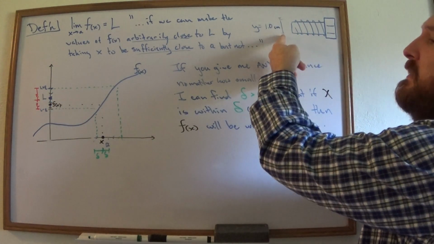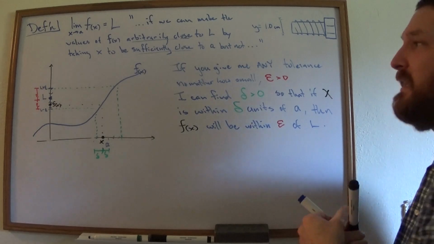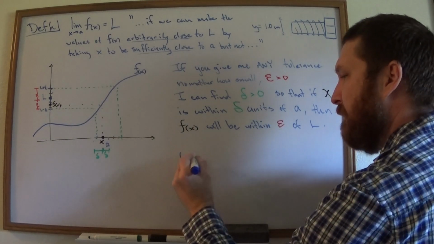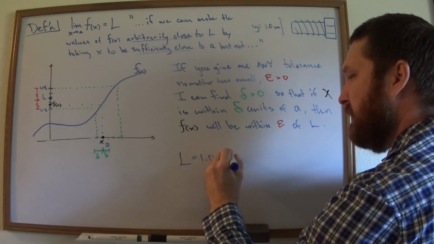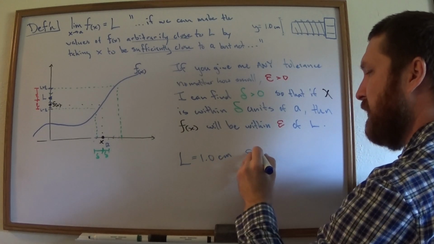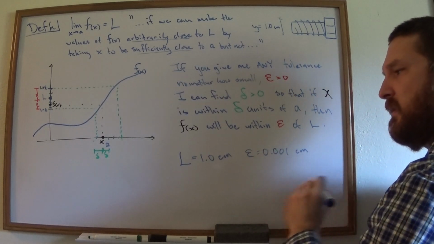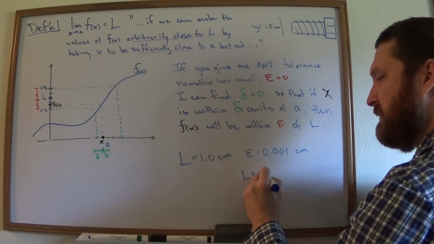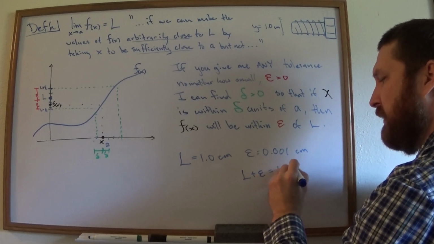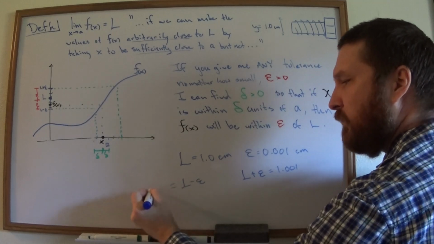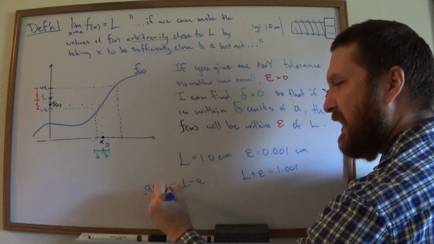Or if you think back to this, let's say that L is 1 centimeter, and my epsilon, what did I use, 0.001 centimeters? Then my L plus epsilon would be 1.001. My L minus epsilon would be 0.999.